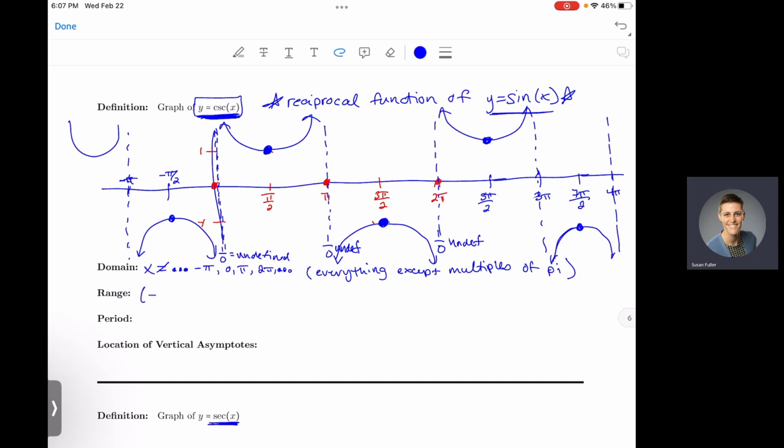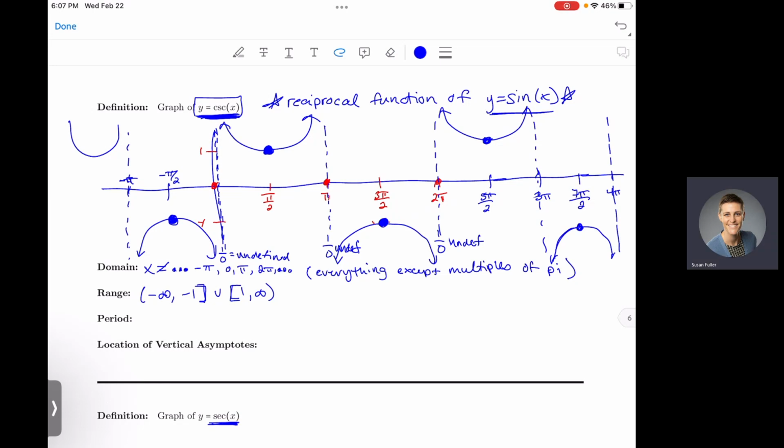So our range is going to be from -infinity to -1 and from 1 to infinity, but nothing in between -1 and 1. And we're including -1 and 1 here because these points that sine and cosecant share cover -1 and 1. So we want to include those.